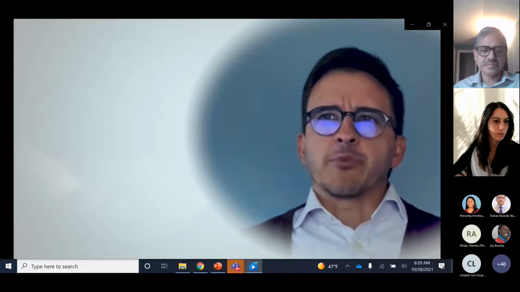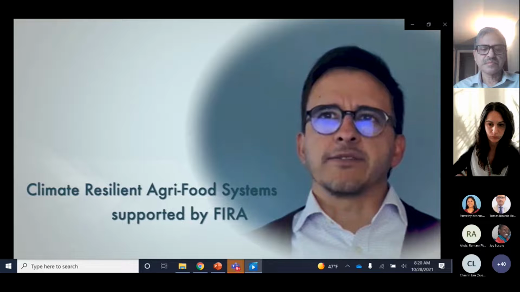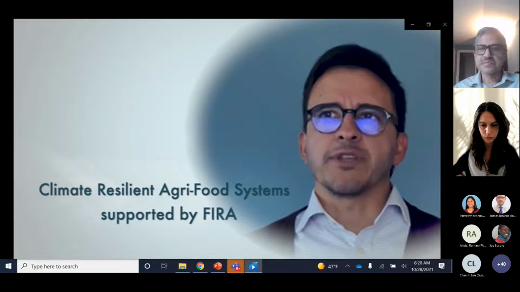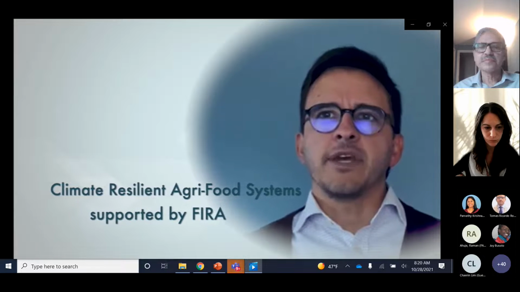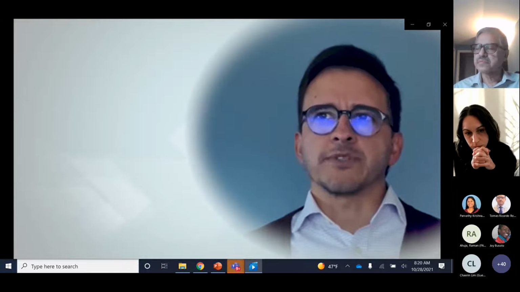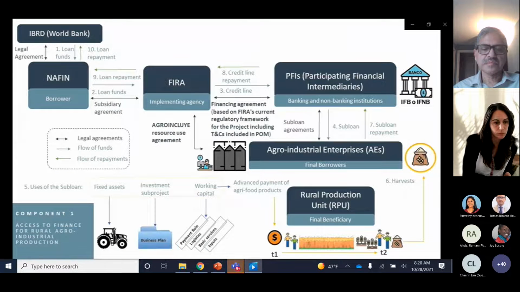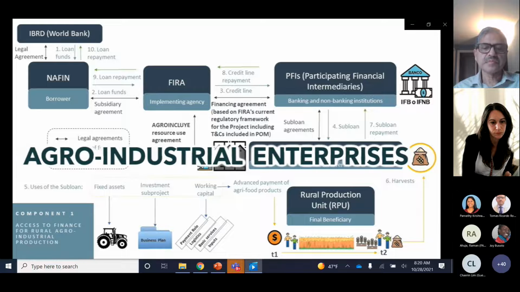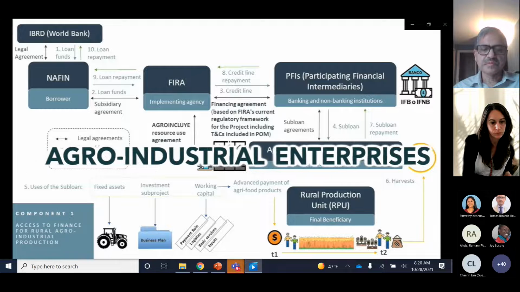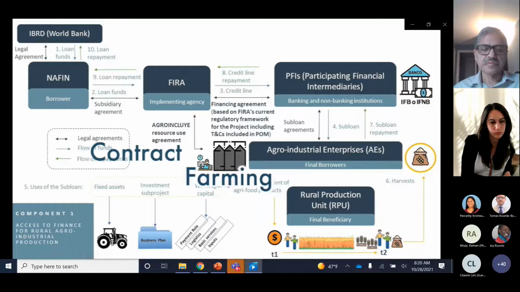As said, the project aims to promote rural financial inclusion and the promotion of economic and climate resilient agri-food systems by supporting FIRA, the implementing entity, to expand access to finance for productive purposes through a credit line intermediated by FIRA to participating financial institutions for on-lending to agro-industrial enterprises through a model of contract farming called Programa de Desarrollo de Proveedores.